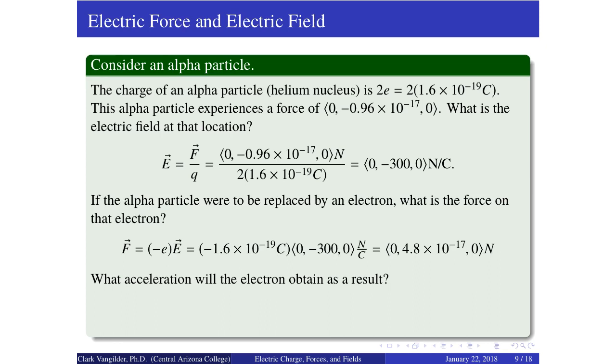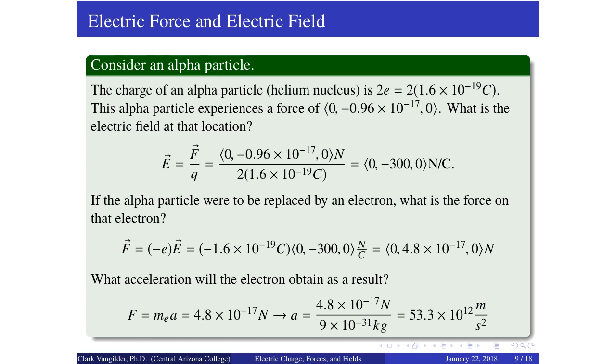So I want to ask this question again. If my electron obtains this force, which is seemingly small, what acceleration will it obtain as a result of undergoing that force? Good question. I'm glad you asked. Good old F equals ma again.